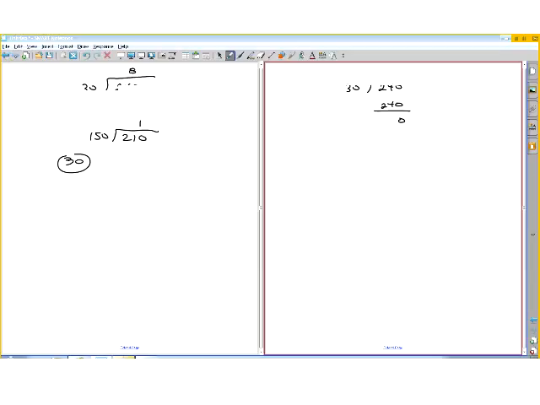So let's try another one. Let's try 54. We have 48, 315, and 450. If we do 48 and 315, 48 into 315 is going to be probably about 6.